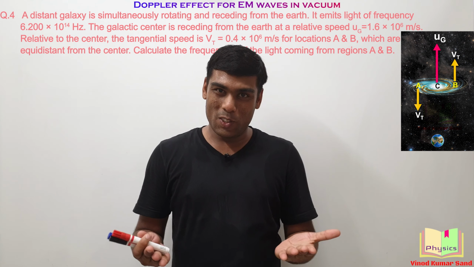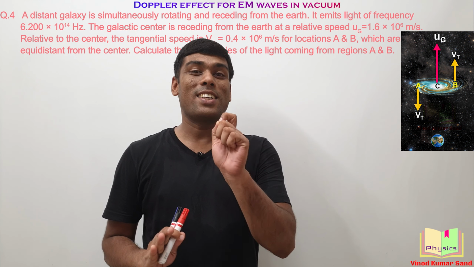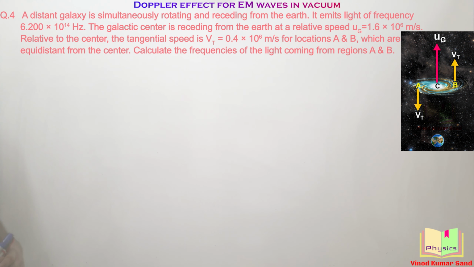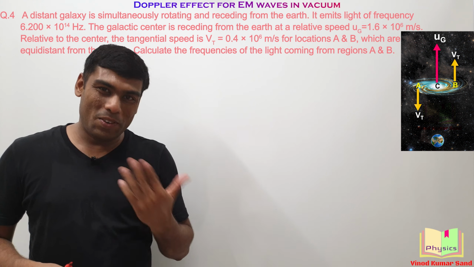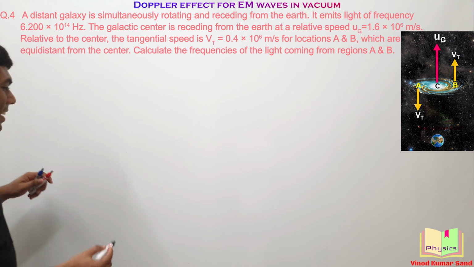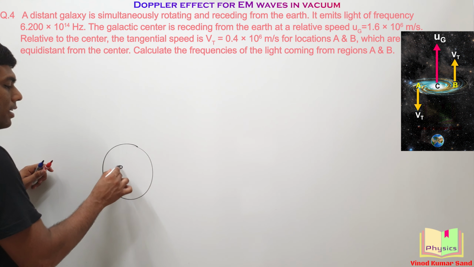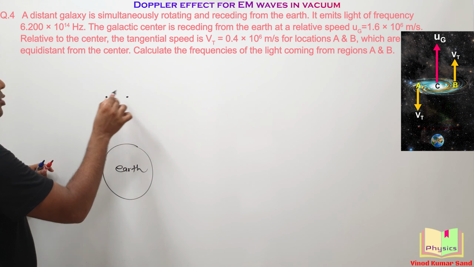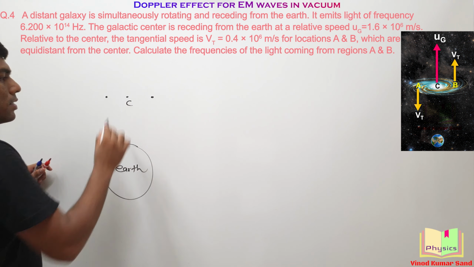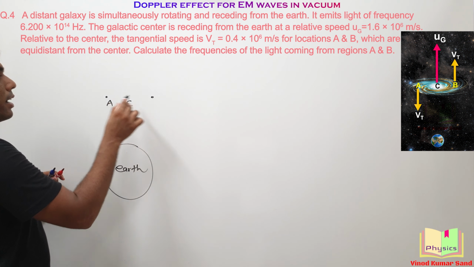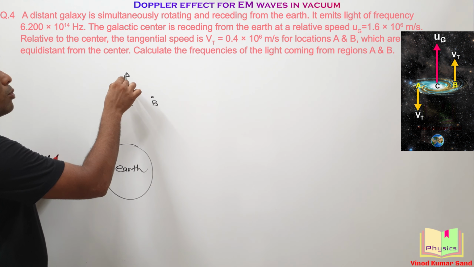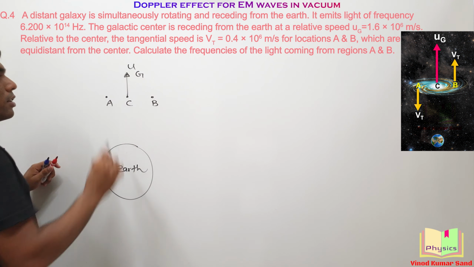Again, a brilliant question. So I urge you to give it your best shot. Then we'll discuss the answer on the board. I hope you are done with your calculations. So I'm simplifying the things here. Suppose this is the Earth. And here are the 3 points of our interest: the center of that galaxy, point A and point B. The center of the galaxy is moving away from us with the speed UG.